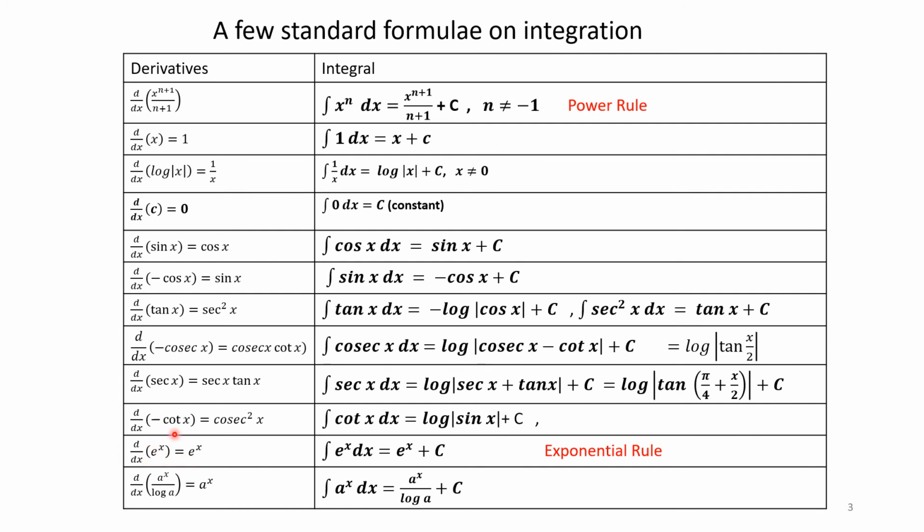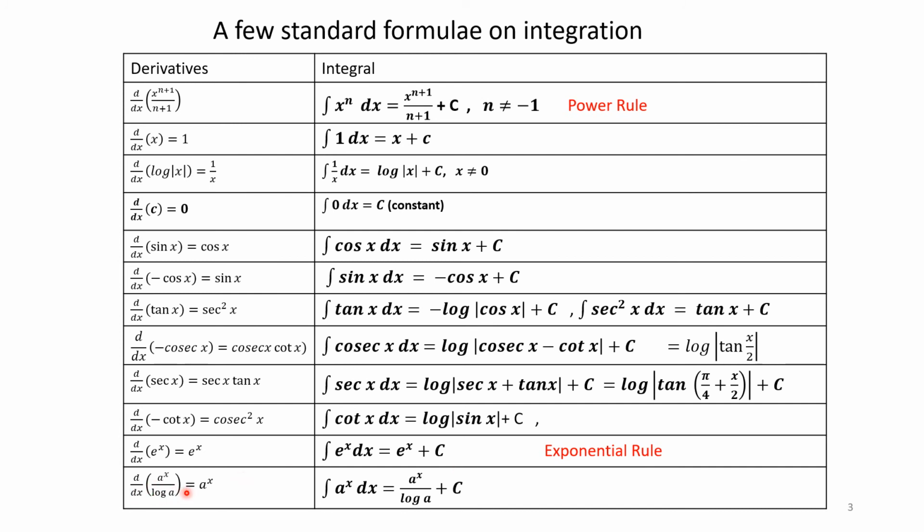These are all, till now we have seen only the trigonometric functions. Now we will see the exponential function. d by dx of e to the power of x is equal to e to the power of x. That is integral of e to the power of x dx is equal to e to the power x plus c.